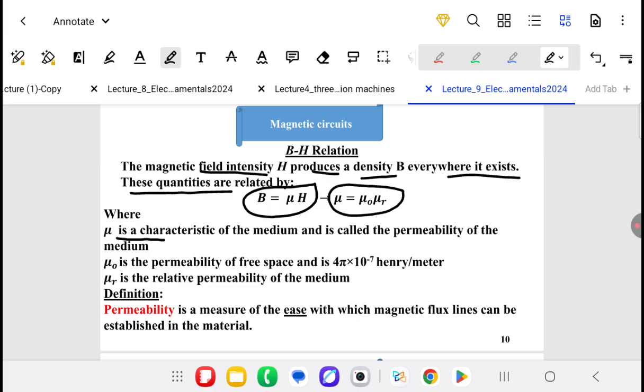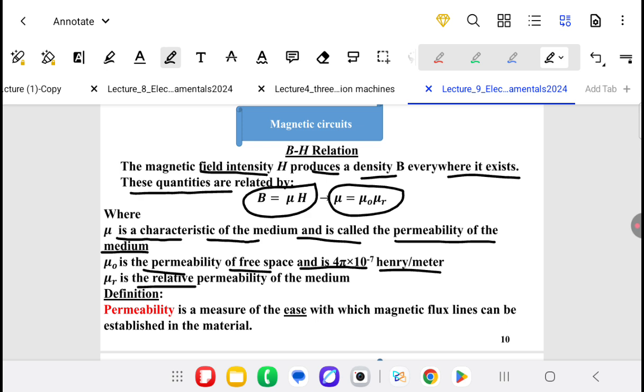Mu is a characteristic of the material or medium and is called the permeability of the medium. And we will see in the next few lines what the permeability is. Mu naught is the permeability of free space, or air, equal to 4 pi times 10 power negative 7 Henry per meter.